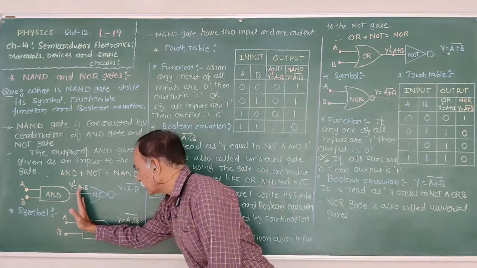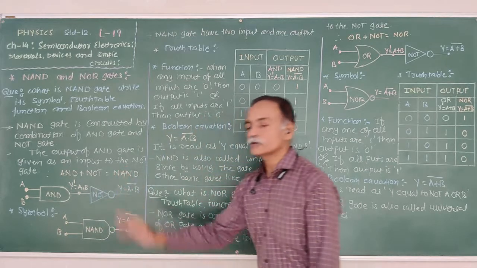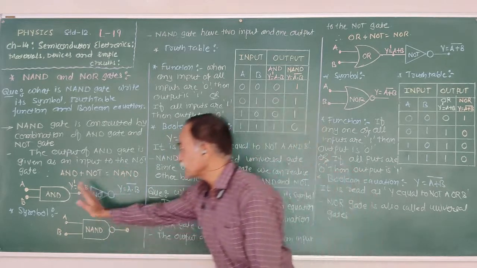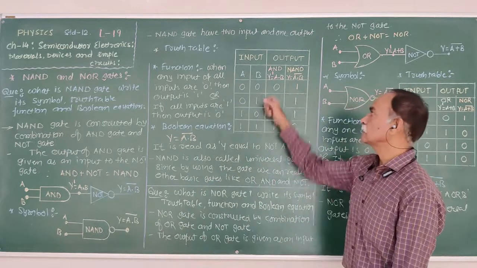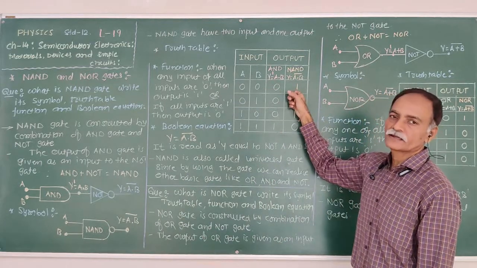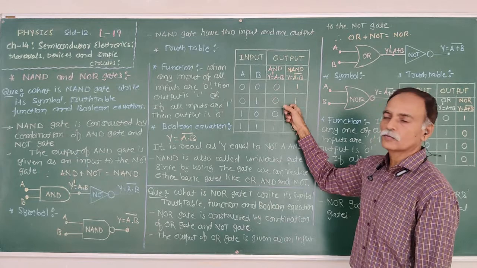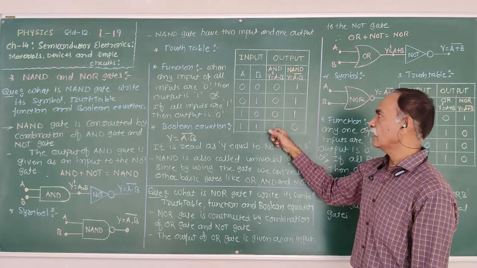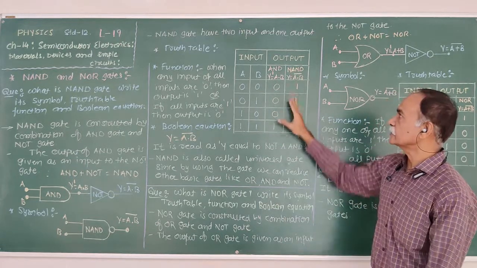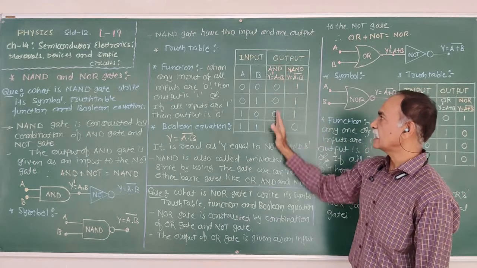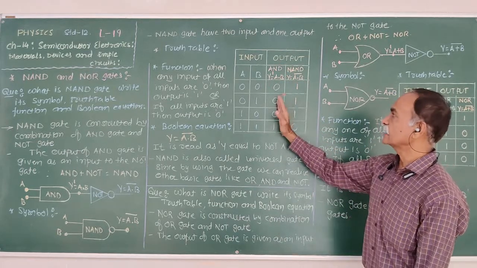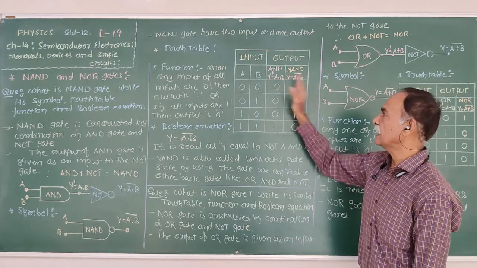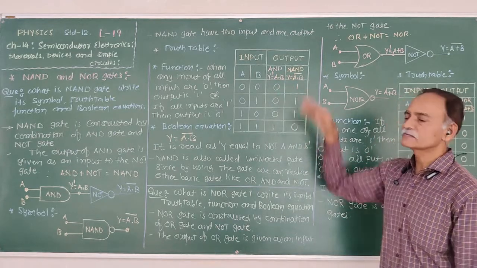Now this output is given as an input to the NOT gate. Therefore it is inverted, because it is the NOT gate. So 0 is inverted to 1, 0 to 1, 0 to 1, 1 to 0. So that is the truth table of the NAND gate, next to the output of the AND gate. When we put the output of AND and the output of NAND together, it becomes very easy.